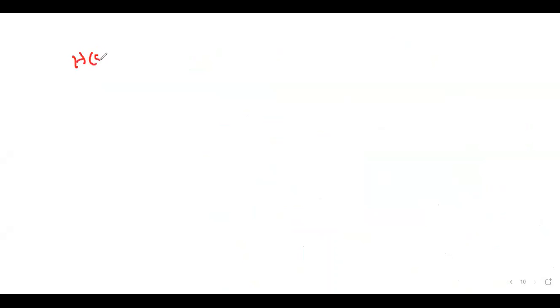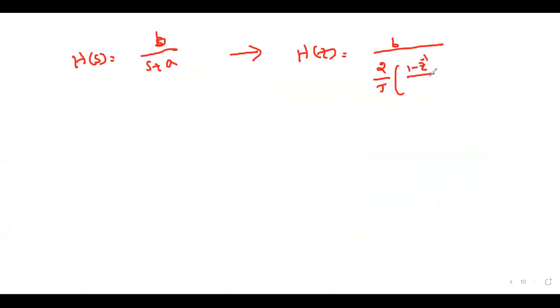Here H of s taken is b by s plus a. Then what we got after transformation? H of z is equal to b by 2 by T into 1 minus z inverse by 1 plus z inverse plus a. Right?